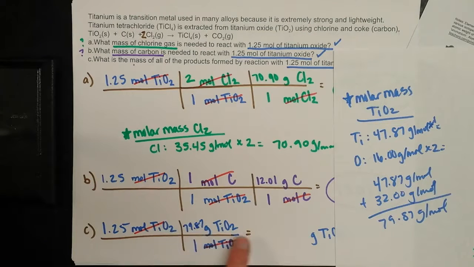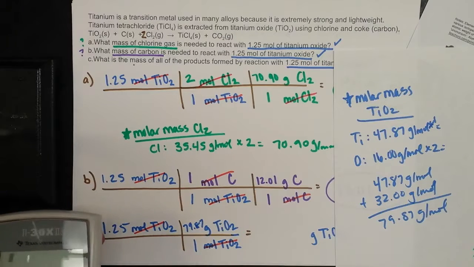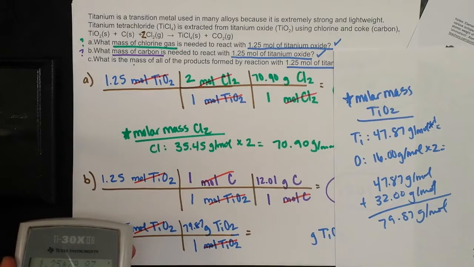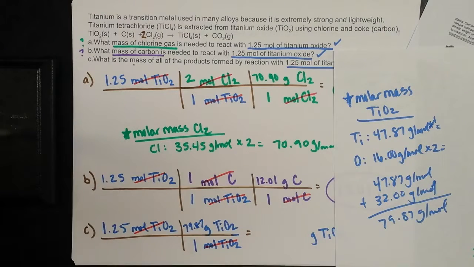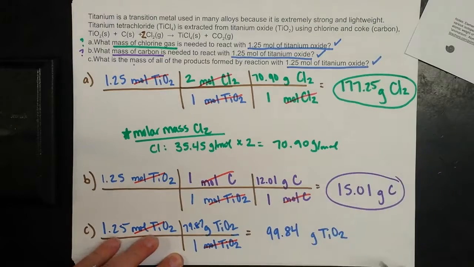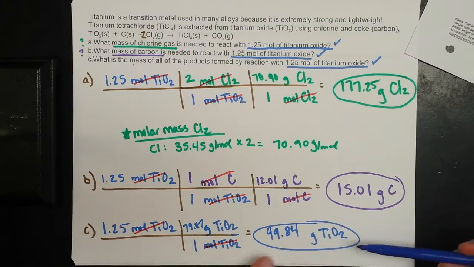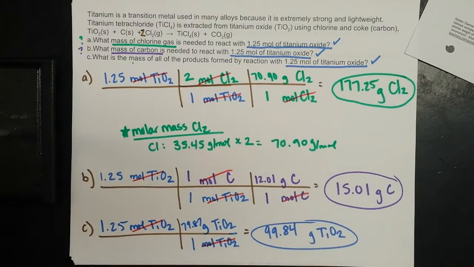So if 1 mole weighs this mass, 1.25 moles should weigh 1.25 times that mass. So 1.25 times 79.87 gives me 99.84 grams of titanium oxide. Okay. And so this is the mass of one reactant, mass of the other, mass of the other.